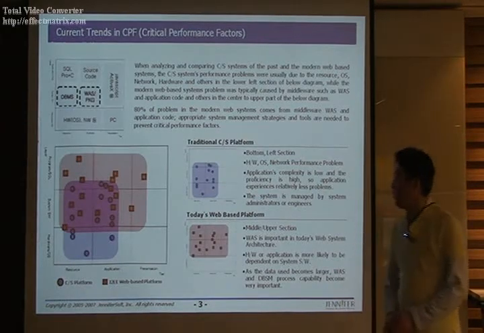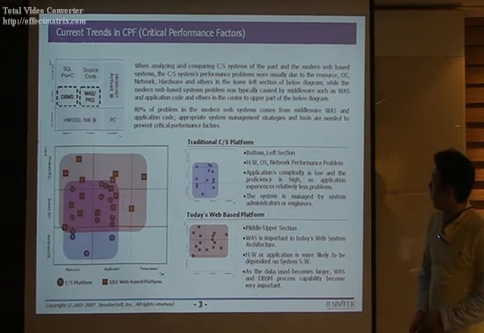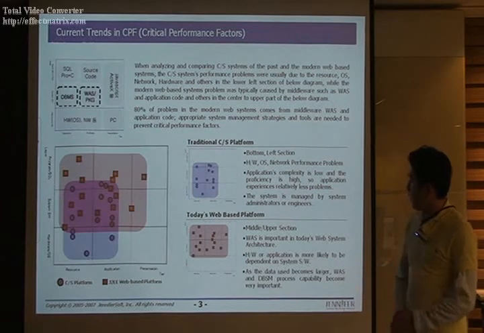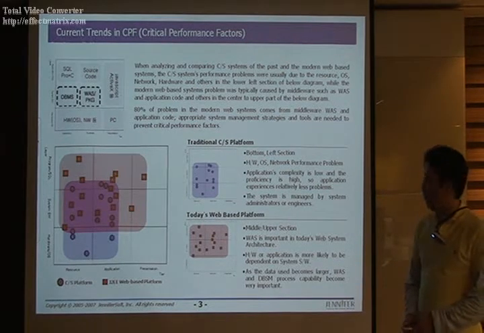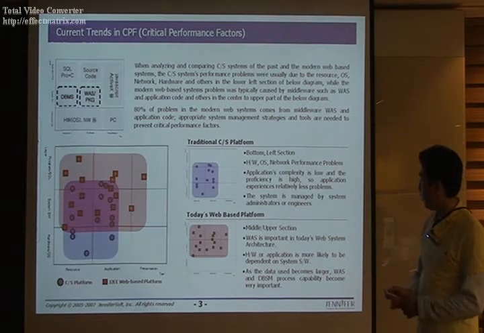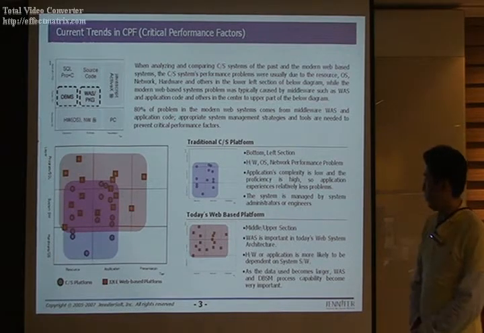So why do we need to use an APM solution? The reason can be found in this diagram over here. In the 70s and 60s, when a lot of the servers and a lot of the programs were very simple, most of the performance problem was solved by simply adding more resources.